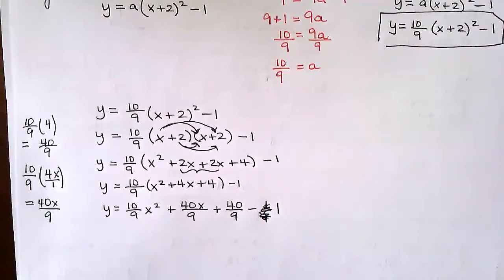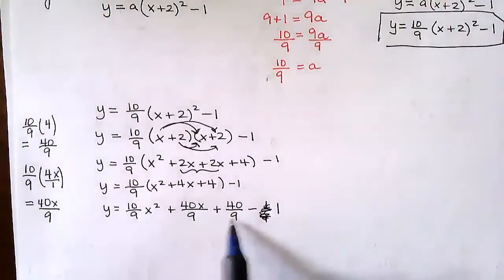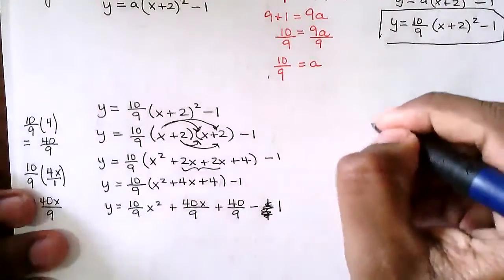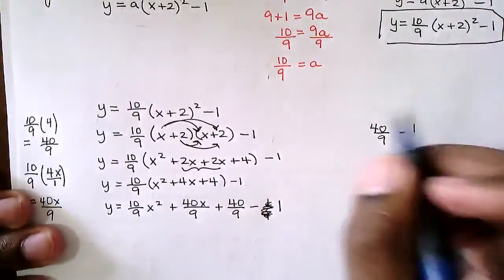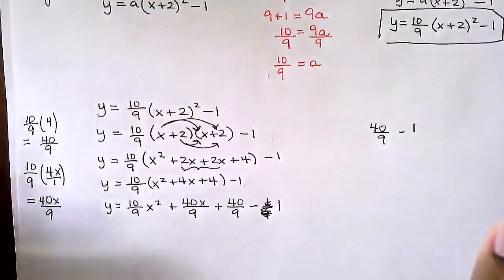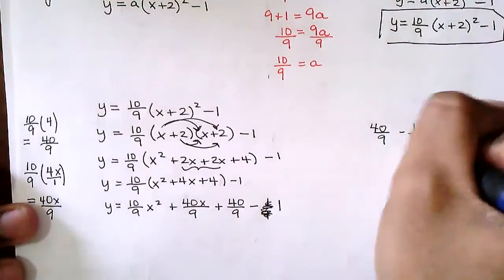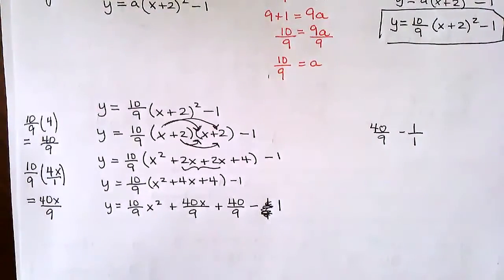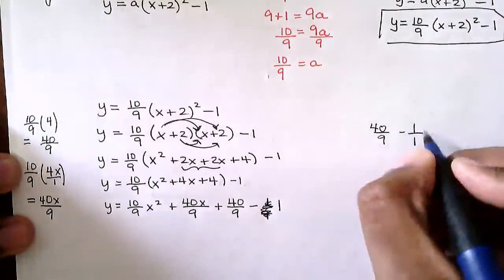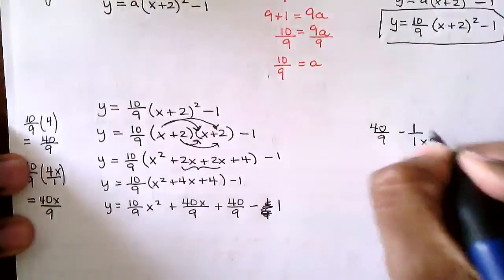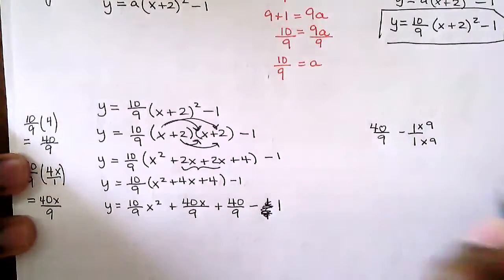So what you notice is we can continue to simplify because these two terms can be collected. So we have 40 over 9 minus 1. Because this is a fraction and we're subtracting, we want to make them both fractions. So I'm going to rewrite this as 1 over 1. When I'm subtracting fractions, I need to make sure that I have a common denominator. So here I have 9, here I have 1. The common denominator is 9. So I'm going to multiply both the numerator and denominator here by 9.